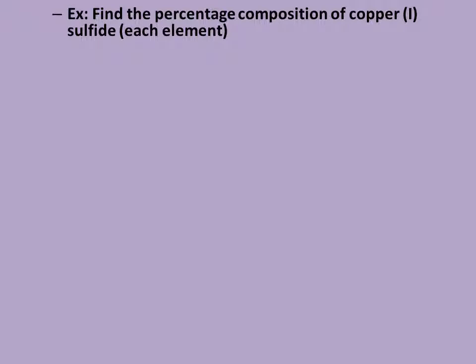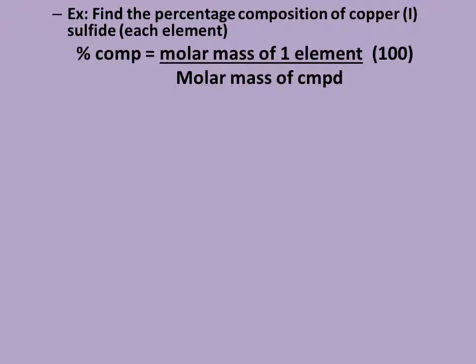Refreshing your memory, that Roman numeral 1 means that it's a +1 charge. Since it's a metal and a non-metal, we have to make sure their charge is equal to 0, which some of you have been forgetting lately. So sulfur's -2, so it should be copper 2, or excuse me, Cu2S.